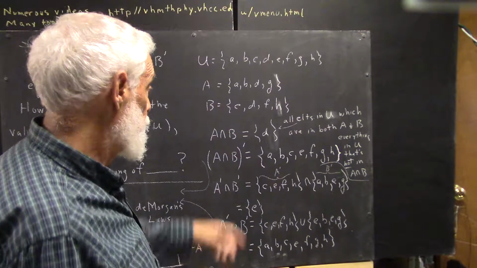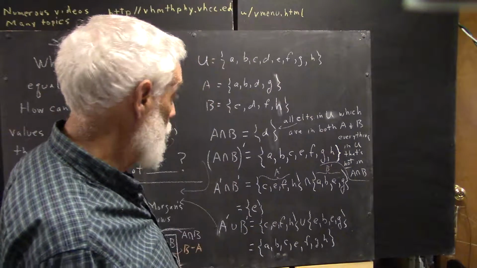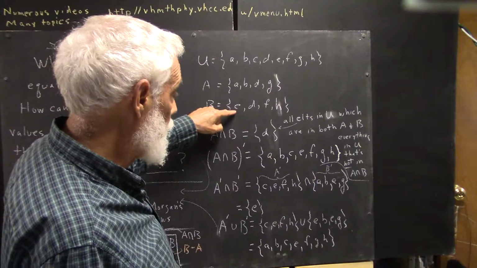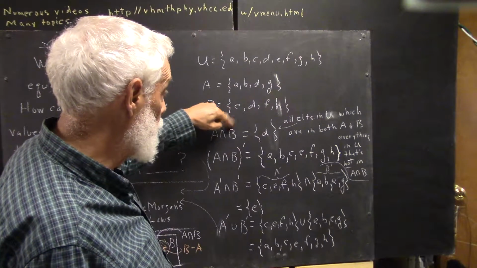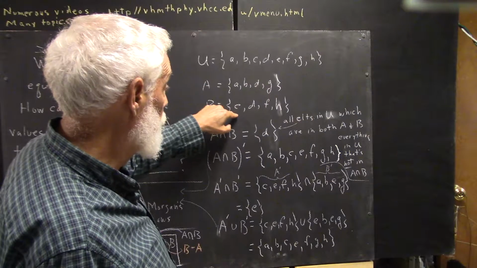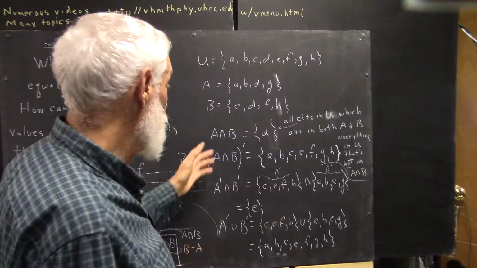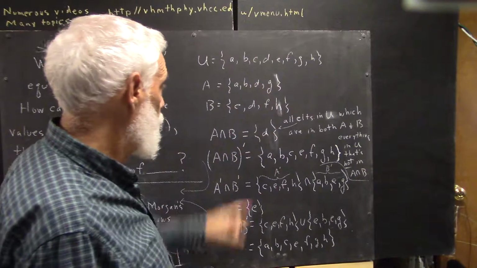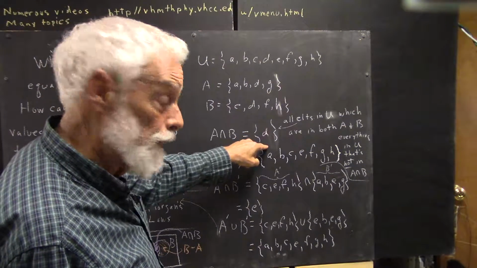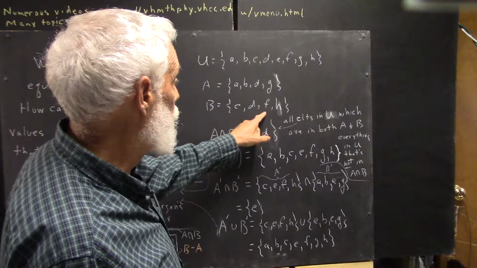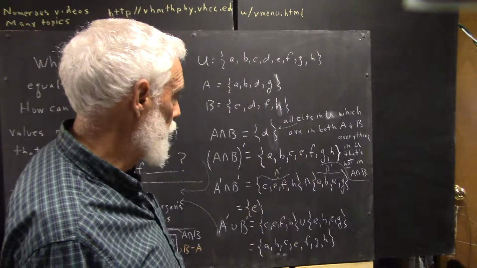But let's just take set B. Let's check out the element C. It's in the set B, so it'll be in the intersection if it's also in A. But C is not there in A, so C is not in the intersection. What about D? Well, there it is in A, so it is in the intersection. What about F? Look through A, it's not there.